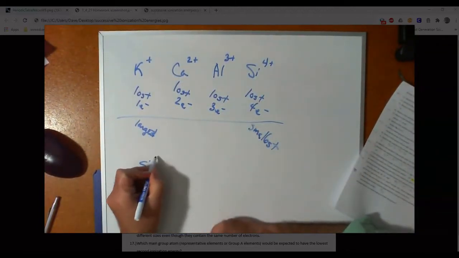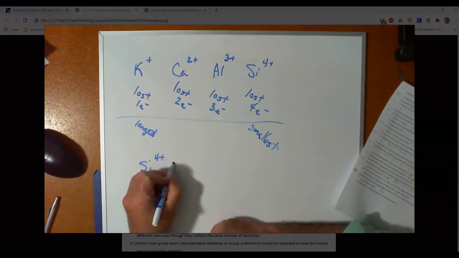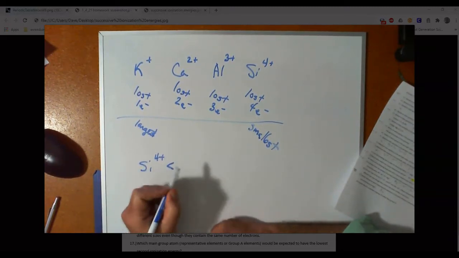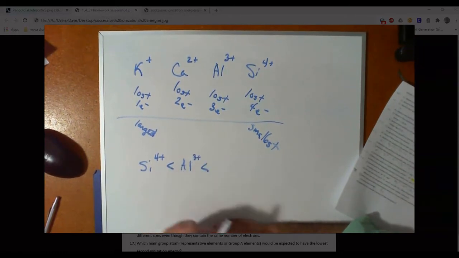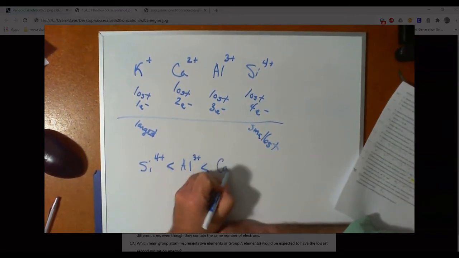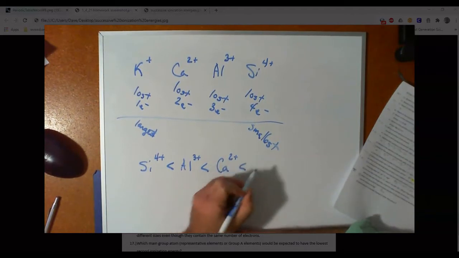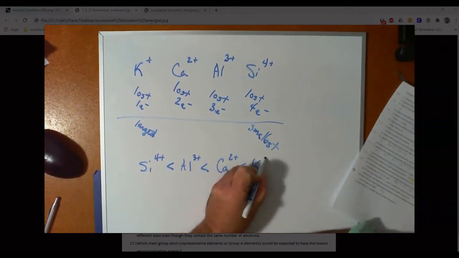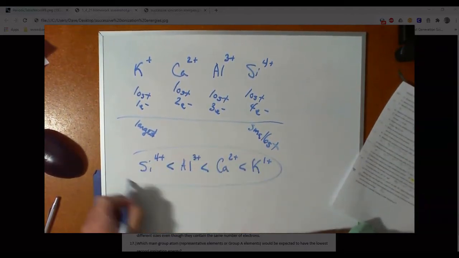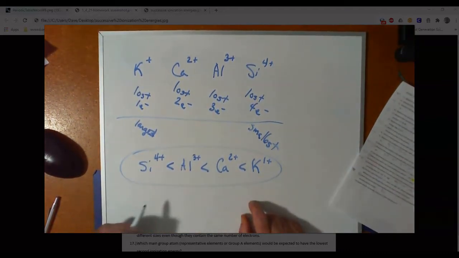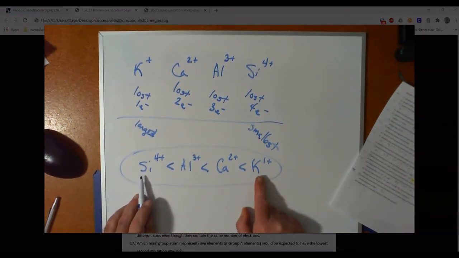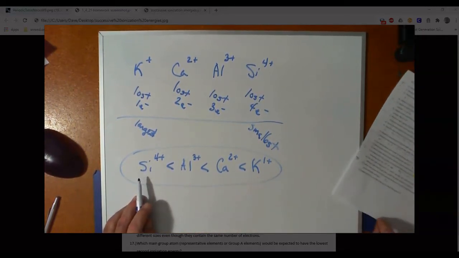So I'm going to say silicon is less than aluminum 3+, which is less than calcium, which is less than potassium 1+. So that's one way you could signify that with greater and lesser symbols. So silicon is the least big, and potassium is the most big in that case.